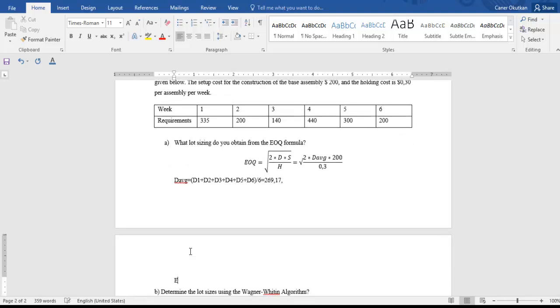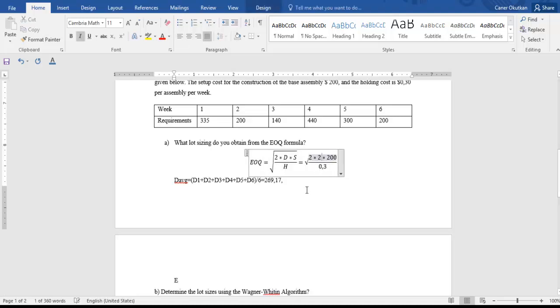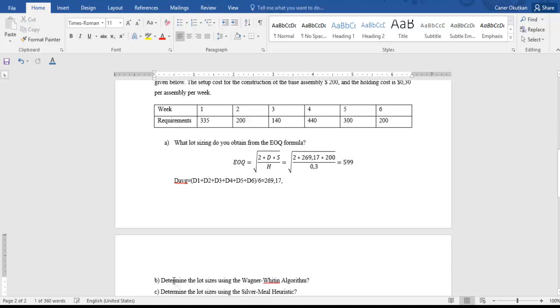We find average demand, so in average demand we write here, and this data equals 599. So we find economic order quantity, so we can calculate total cost.